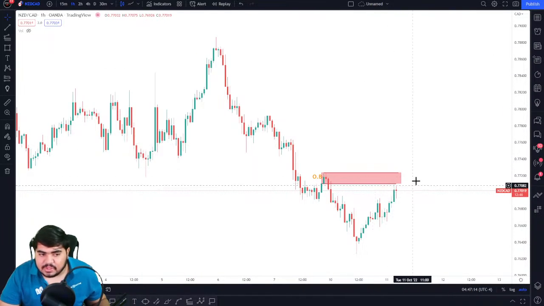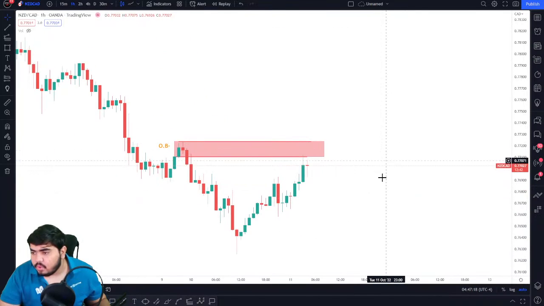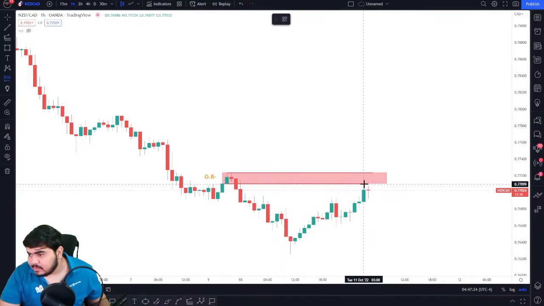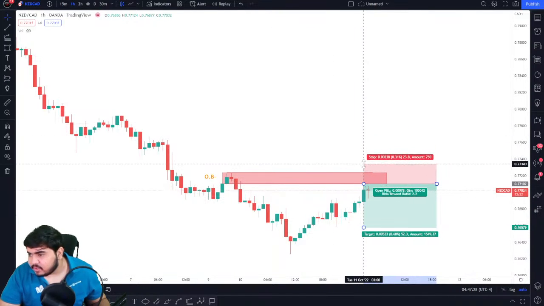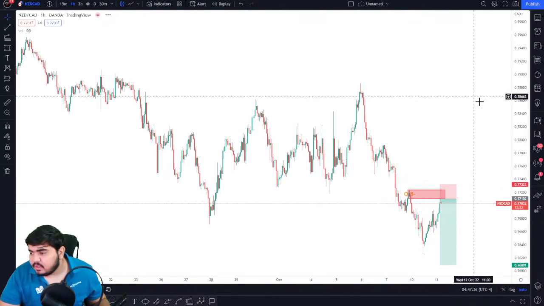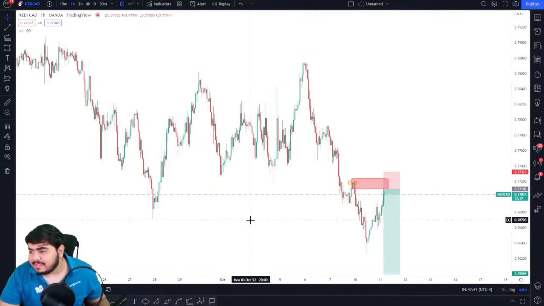That means there is exhaustion going on right here. Due to that, we can expect that market is likely to drop lower. We can give a stop loss just above this area, and we can expect a continuation towards the downside on the NZD CAD.